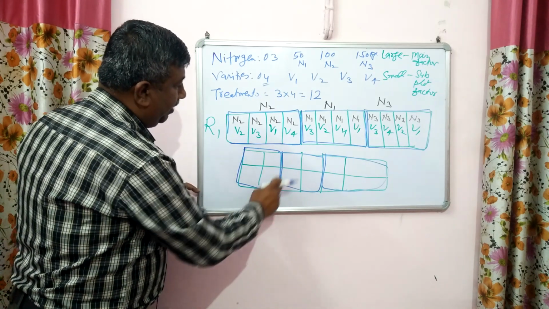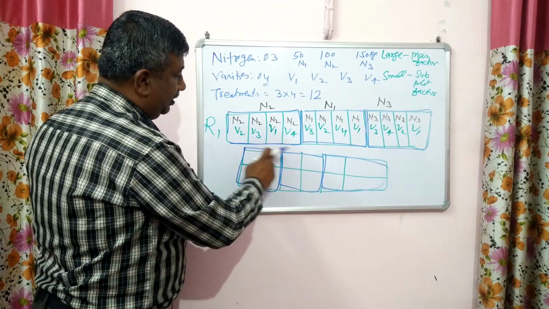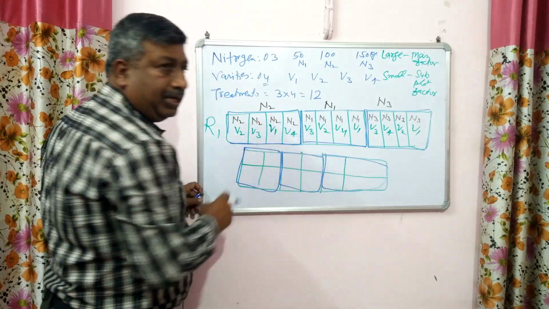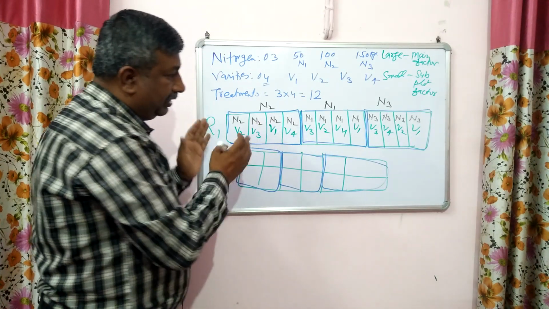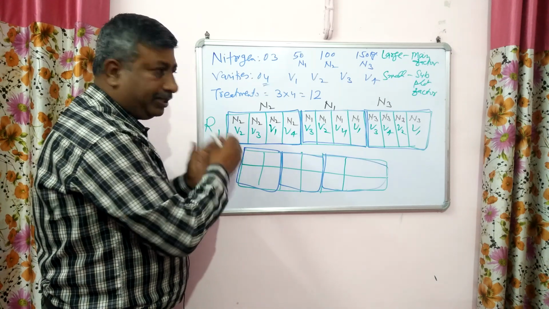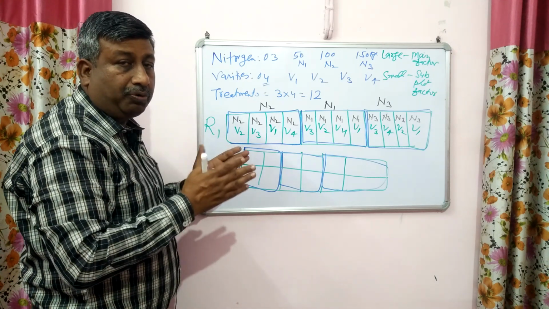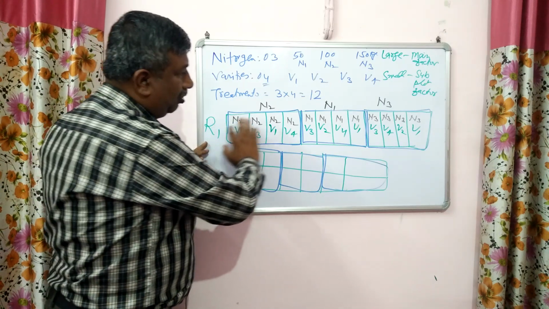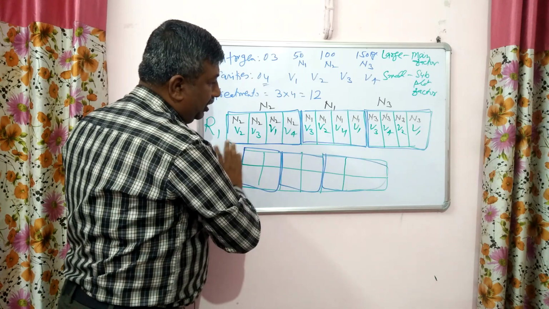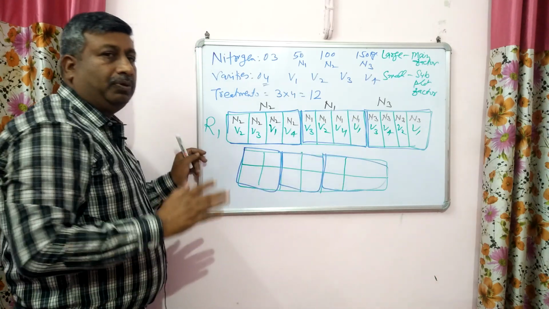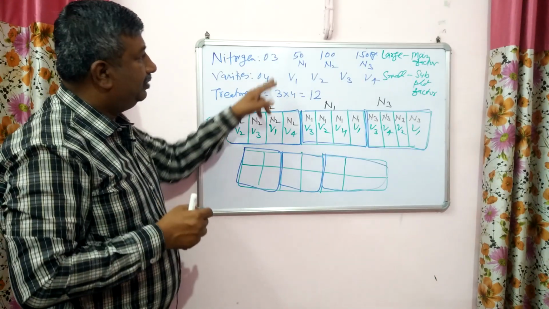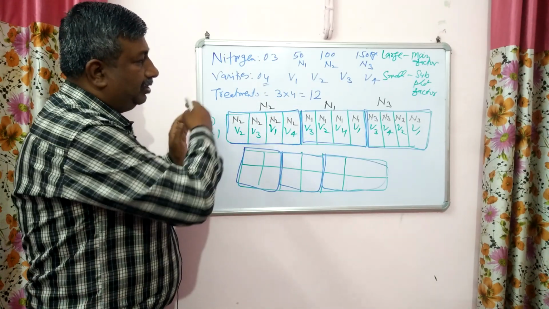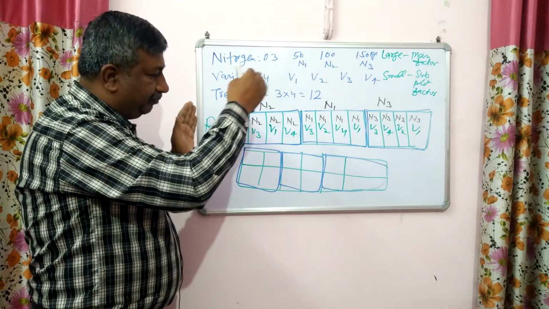So this main plot will keep N1, this will keep N2, and this will keep N4. But this is not a good method, and better is 3:4 to make a compact block. Earlier one is also not good, because it is a long strip. So the better is to make a 3:4. 3 is like that, or 3 like that.